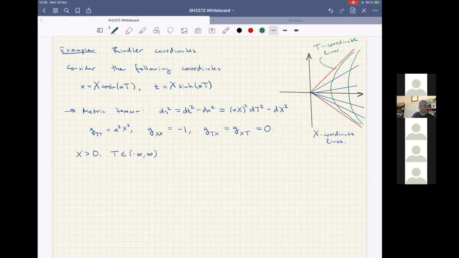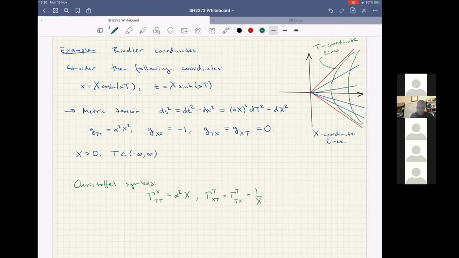Now, just to say that in the lecture notes, you will also find an exercise, which is to compute, or rather to verify, the Christoffel symbols. But if you do that, I'm just going to mention the result because we will need it later. You should get that gamma x tt is alpha squared x, and that gamma txt is equal to gamma tx t equal to 1 over x.